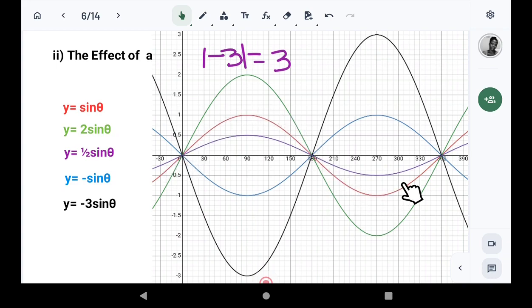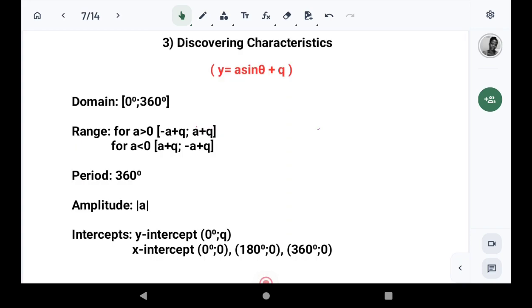Your a is positive, so your graph shape will be normal, looking up like this. But if your a is negative, it will look like this. It will start with a minimum turning point and end with a maximum turning point. If your a is positive, then your range will be minus a plus q on the left hand side, the minimum point, and the maximum point will be a plus q. Don't worry about this.